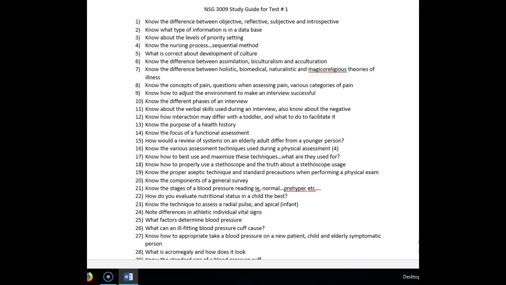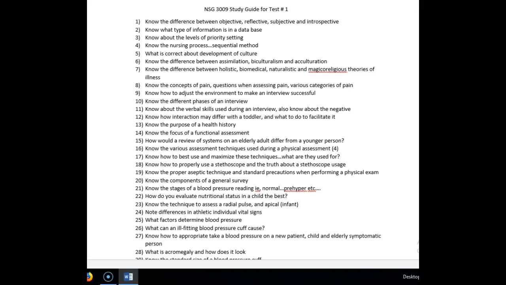Know about the verbal skills used during the interview. Also know about the negative. We discussed that as well. You guys should really know about the different phases, because we talked about the different phases in the form of facilitating.